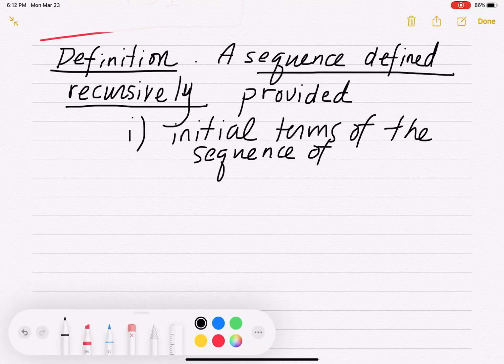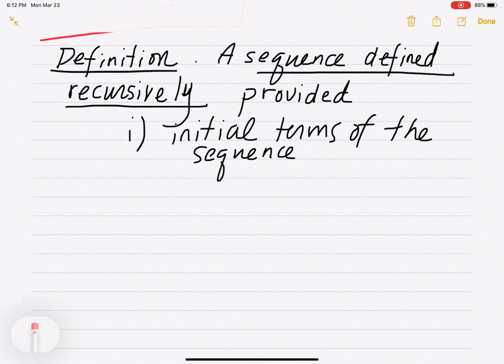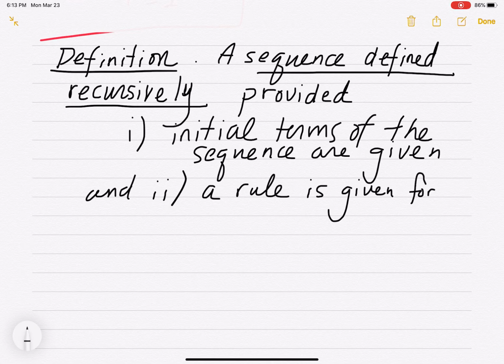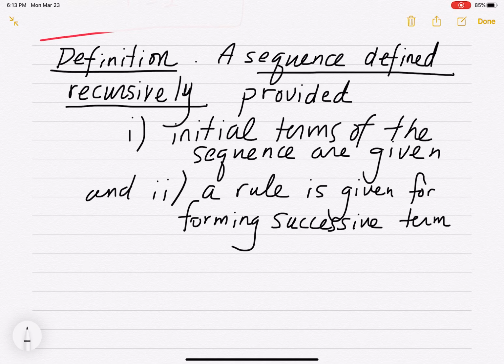And number 2, a rule is given for forming successive terms from previous terms.